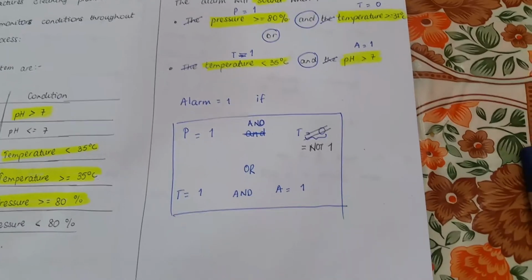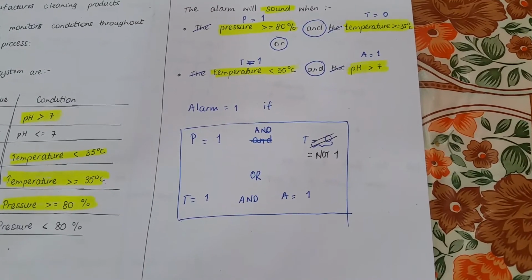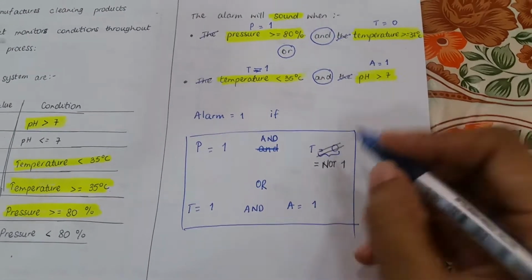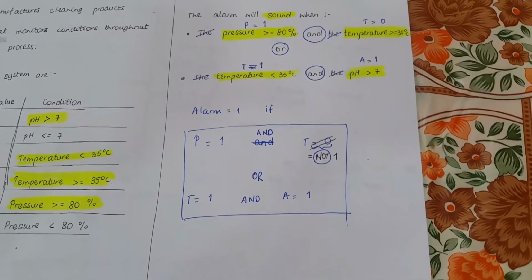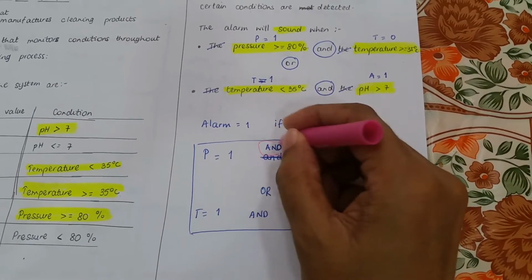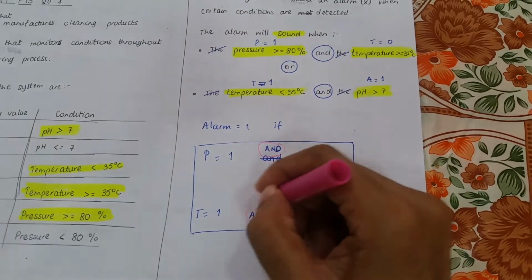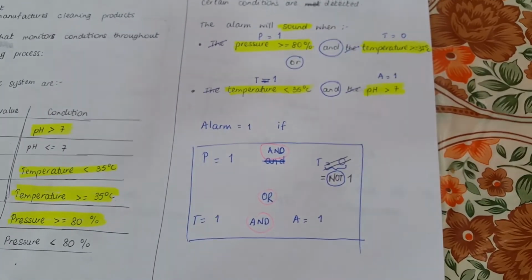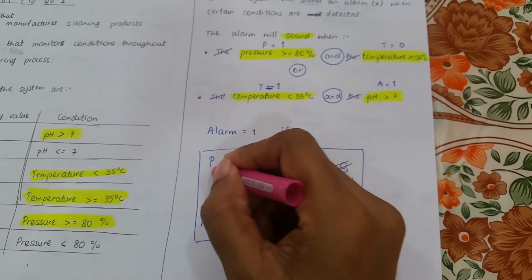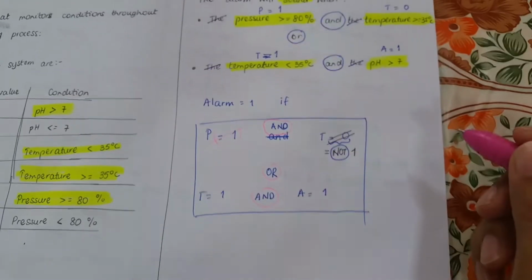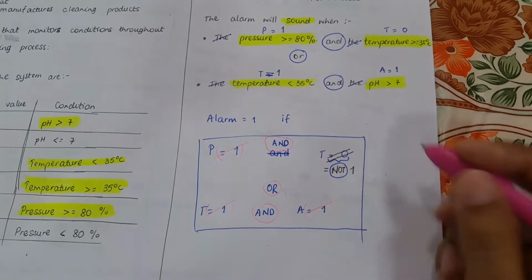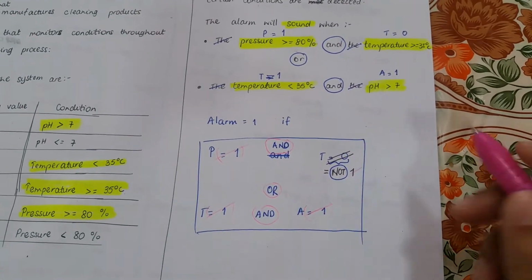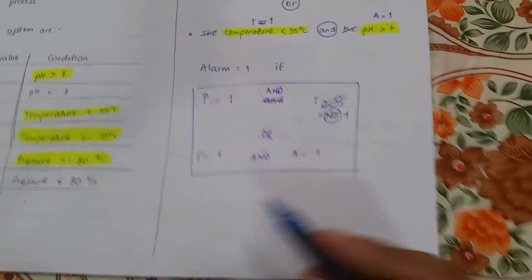Now I can remove. So I have a NOT gate here, an AND gate, an OR gate, an AND gate. Right? So I remove the is equal to 1 each time. I remove 1.